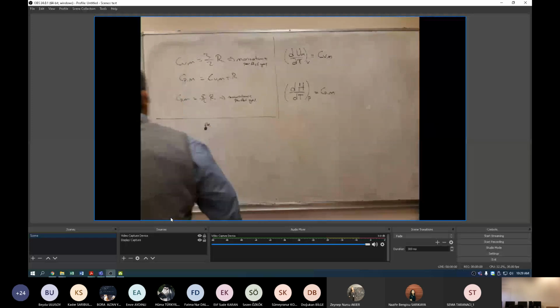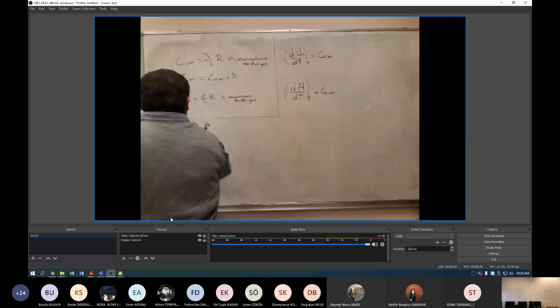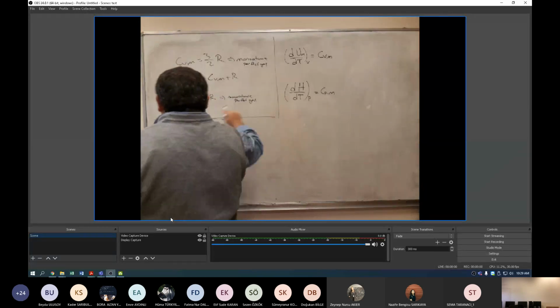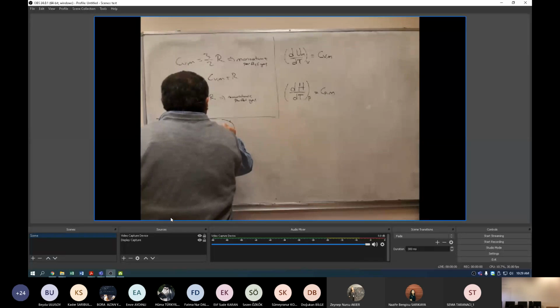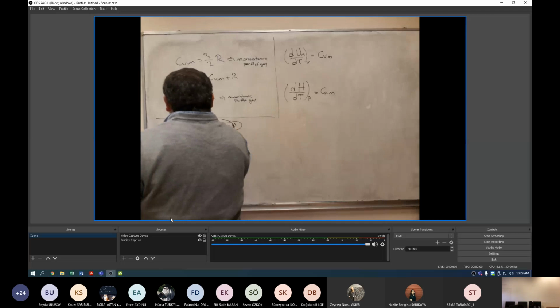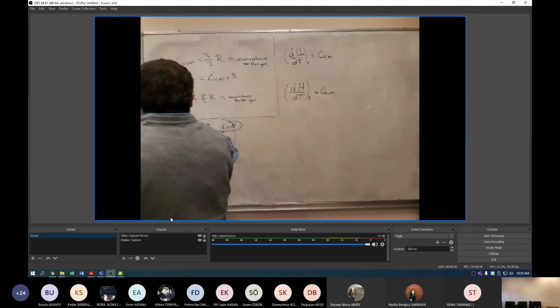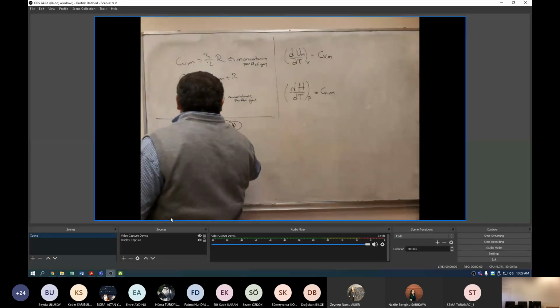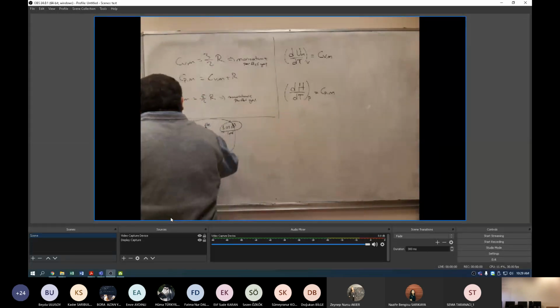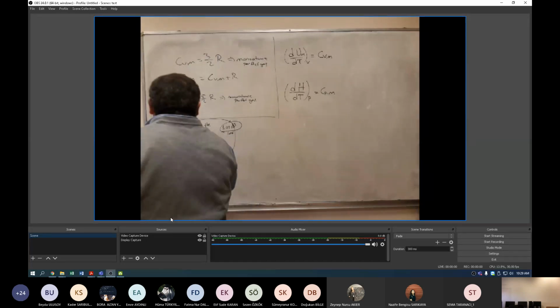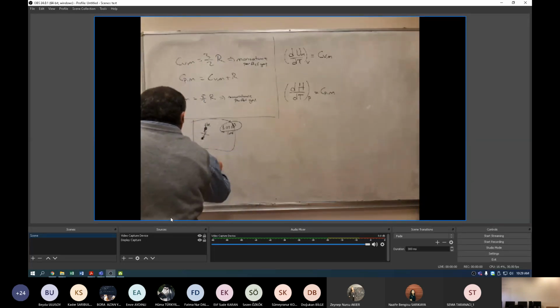So helium atoms in a system, there is 6.02 times 10 to the 23 of them, which is 1 mole, right? Between helium atoms there is no interaction, so the potential energy is 0. And the kinetic energy is given by 3/2 RT, right?